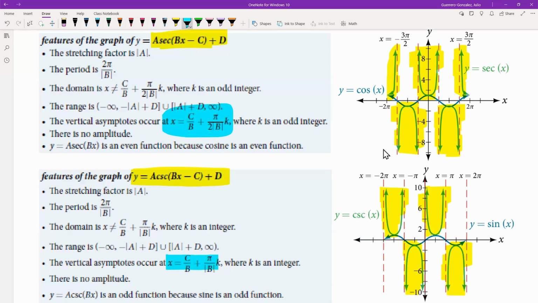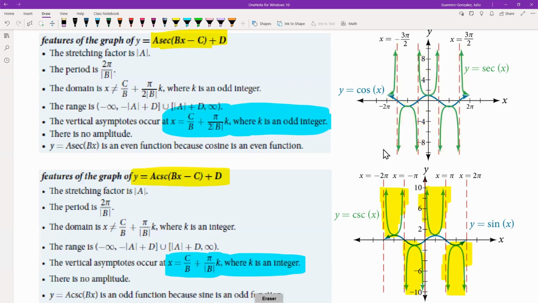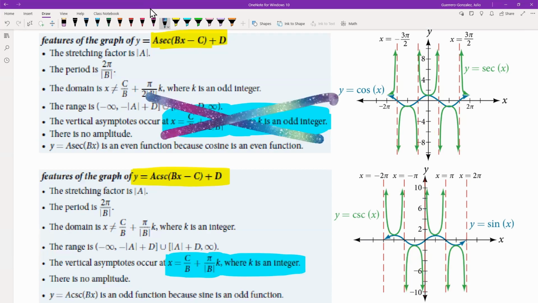Here's the one for cosecant right there. And notice the k: in this case it's any integer, and here it's an odd integer. So just make sure that you are using the correct integers. Now, what I do want to point out is this. To graph these by hand, at least I don't use those equations.